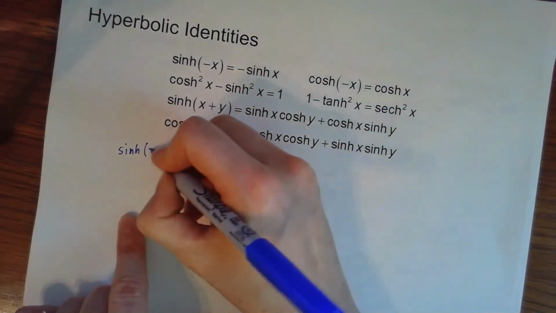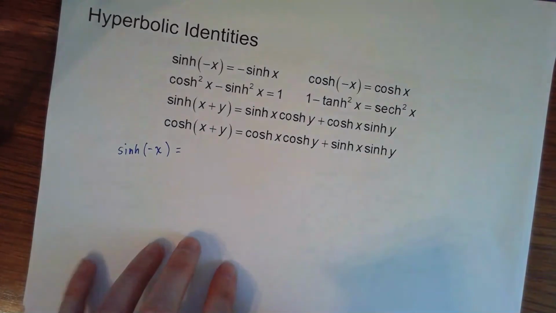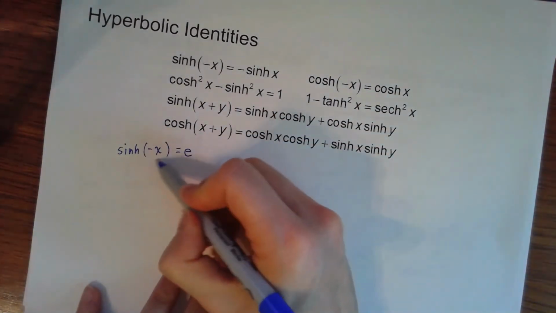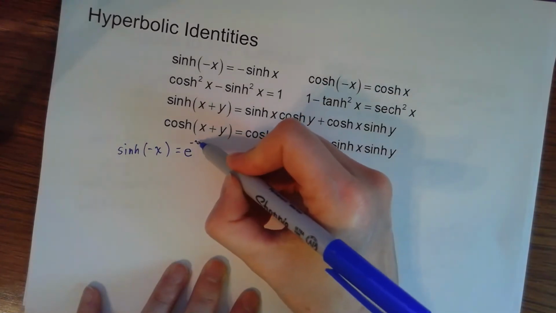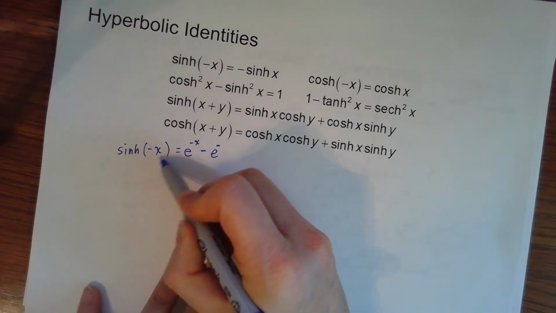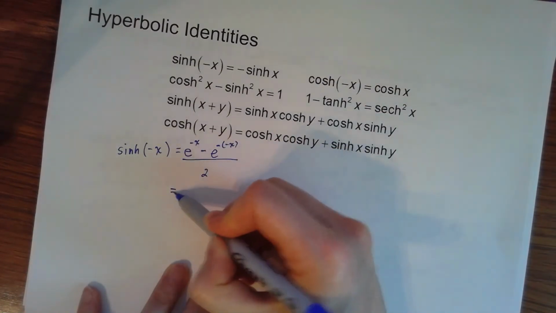Let's do the hyperbolic sine of negative x. What would that be? Going back to the definition of hyperbolic sine, we take e to the whatever argument is in here, so e to the negative x, minus e to the negative of whatever argument is in here, so that would be negative x, all over 2.